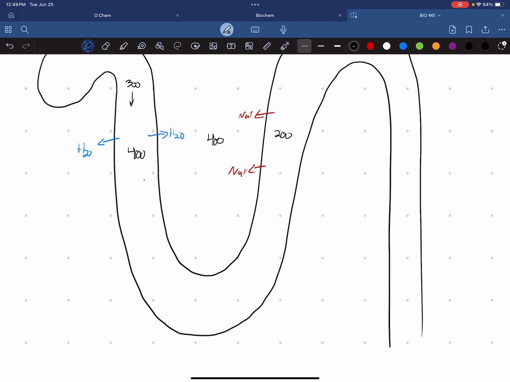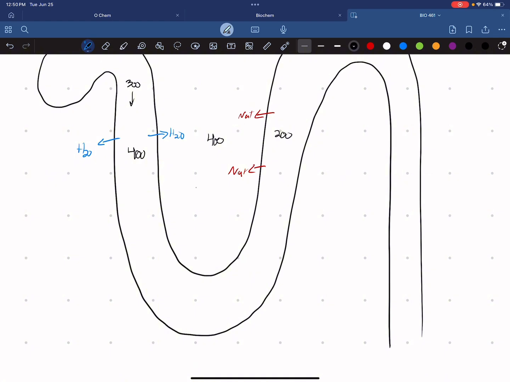As we have this continual movement down the descending and up the ascending, we will have a continual process of the higher concentration coming down into the bottom of the loop, and once it reaches the ascending loop, the solutes will leave.